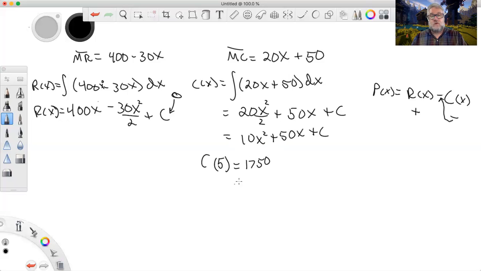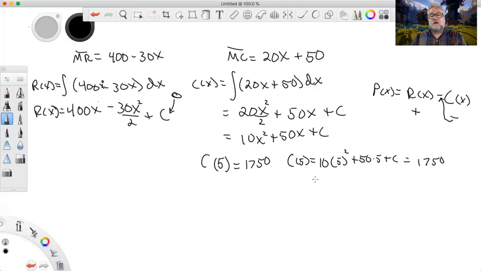Okay, so when I go and I dig, what am I doing? When I put 5 into my cost function, that should come out to be 1750.